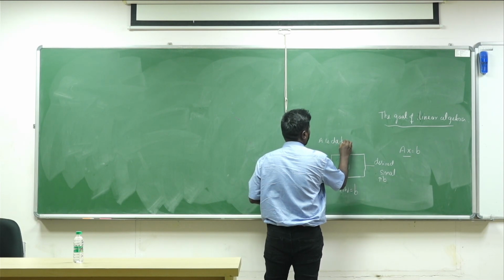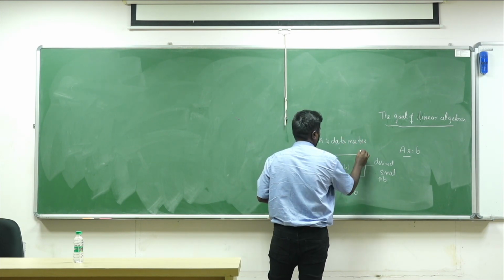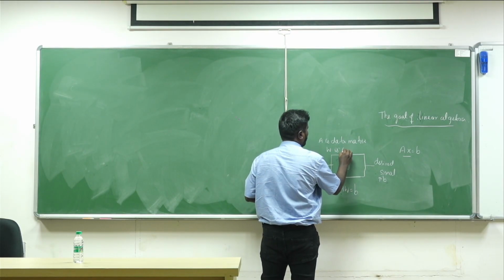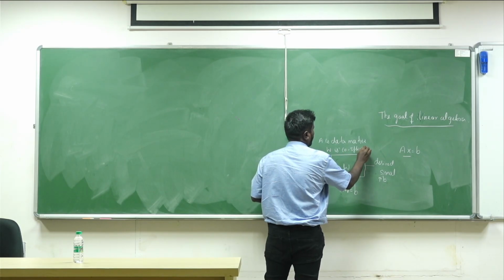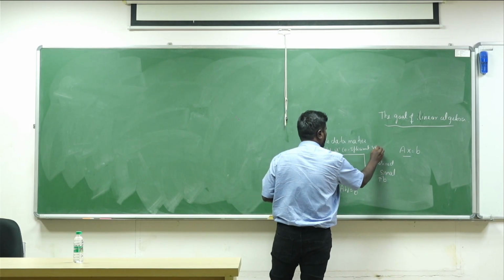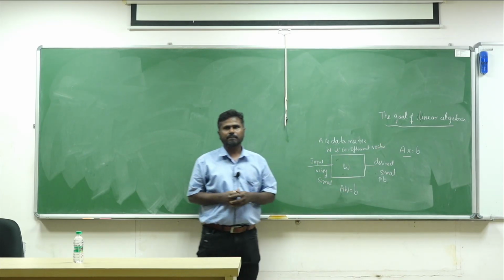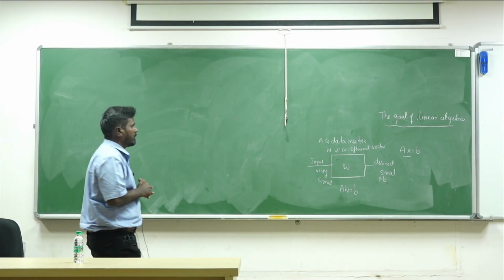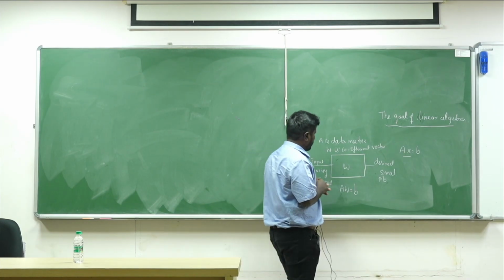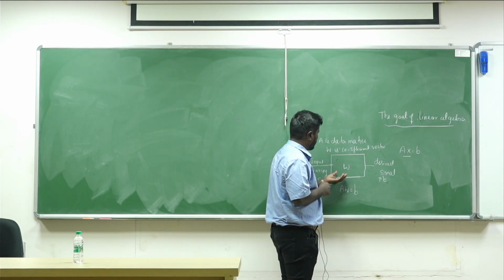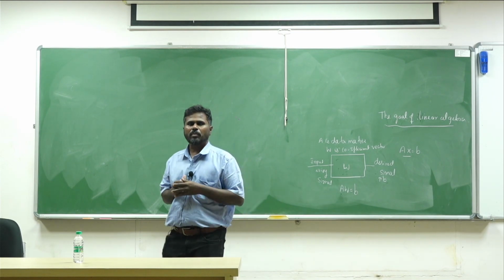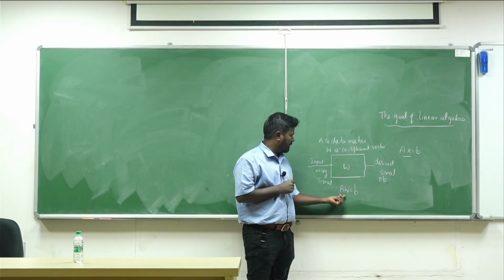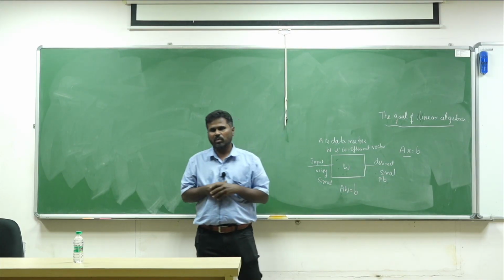So w is the coefficient vector, and b is the desired signal. To find the filter coefficients, you may have to solve the system of equations Ax equal to b, or Aw equal to b.